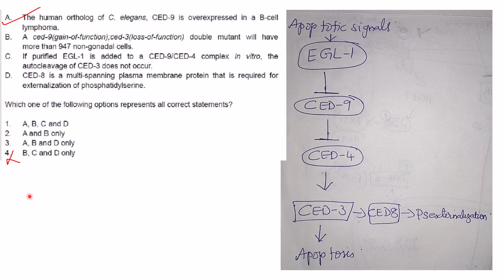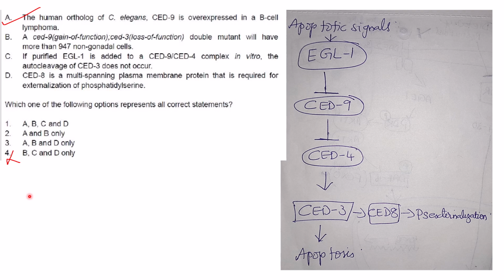So there is no apoptosis in the double mutant. Now normally 131 cells undergo apoptosis during C. elegans development, and after this apoptosis, there will be 947 cells left in the adult.